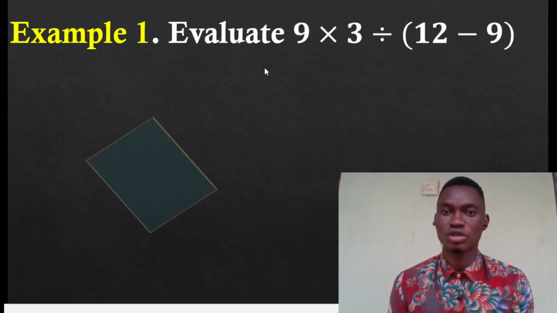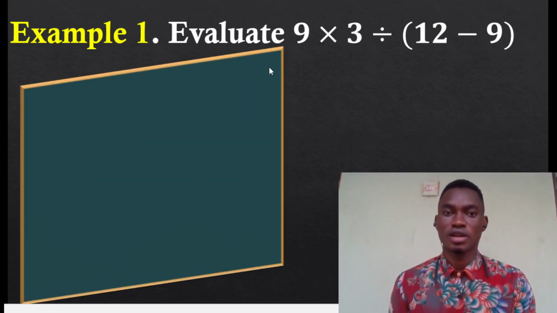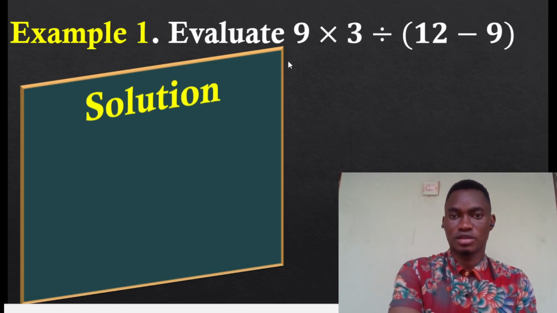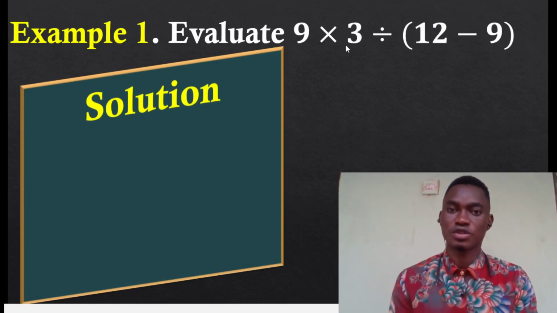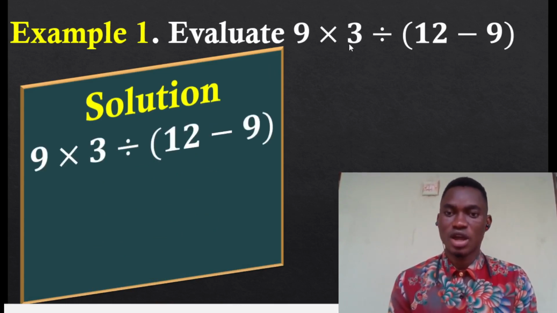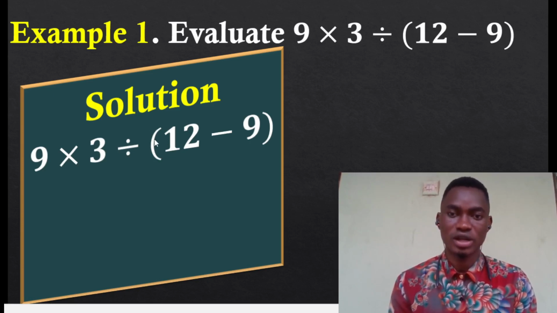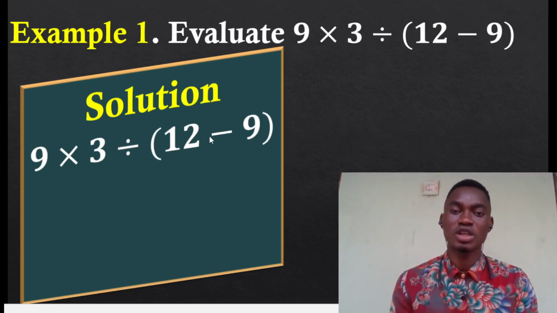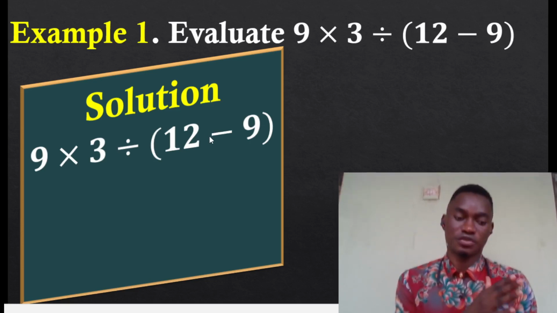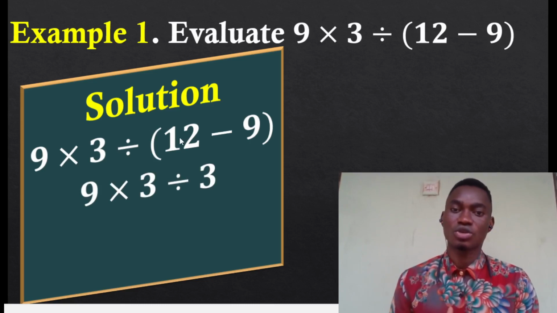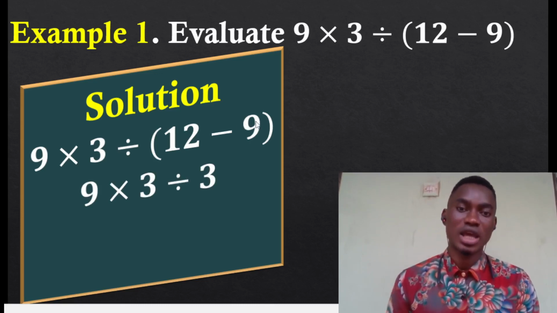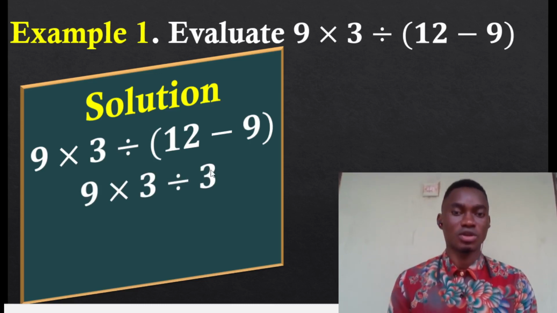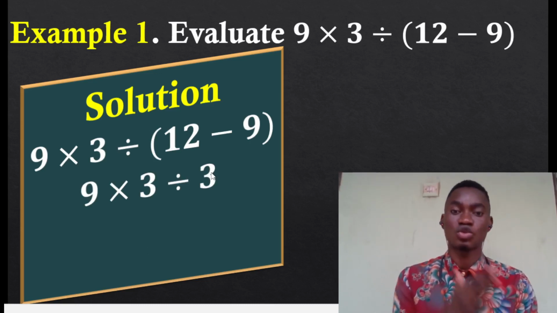Let's look at the solution. As you can see, we have a bracket here. So it means what we have inside the bracket should be taken care of first of all. So 12 minus 9 will give us 3. Bracket first, according to BODMAS.